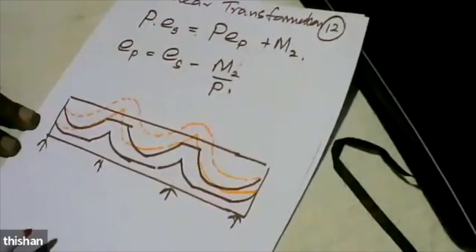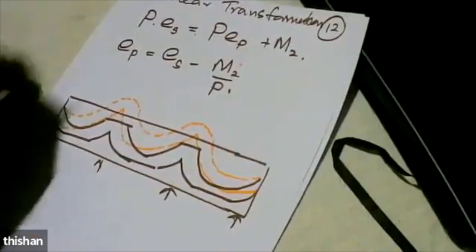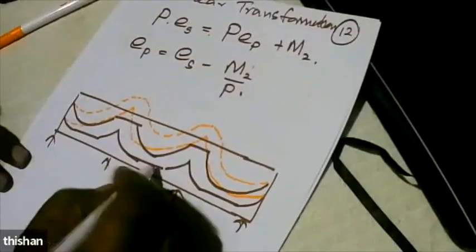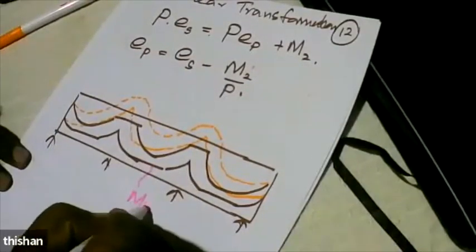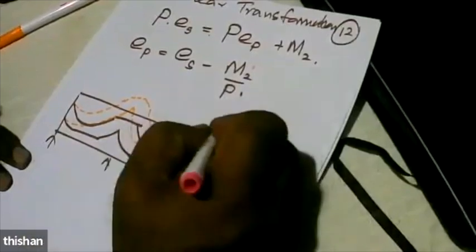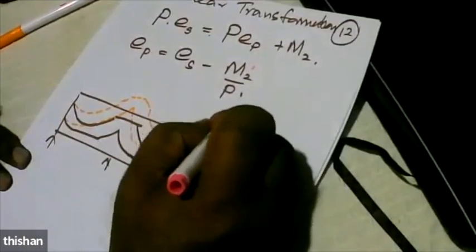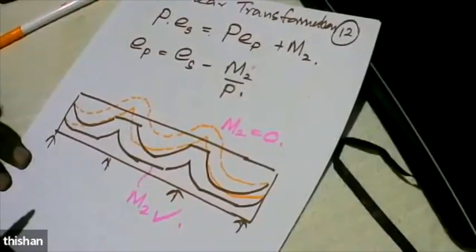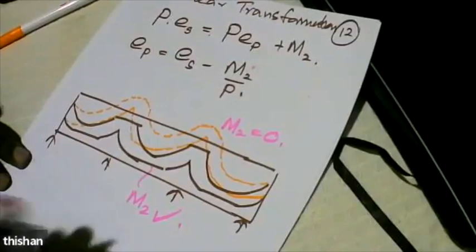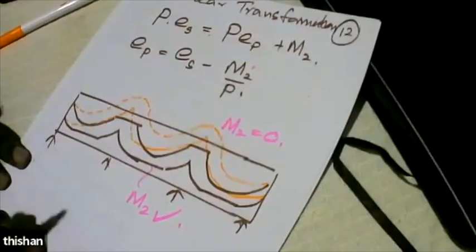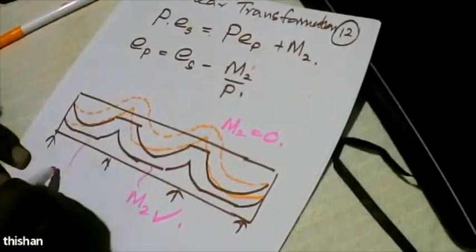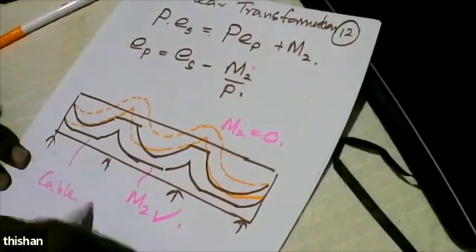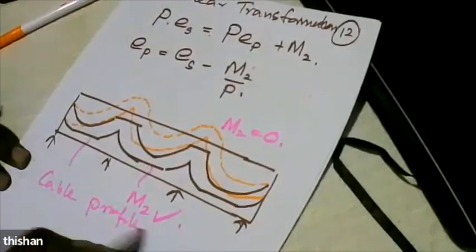So what have I done? Now this has M2, this has M2, but for this I have removed M2. Because I have used something called linear transformation and transferred the cable profile to a line of thrust zone. So this is a cable profile zone.